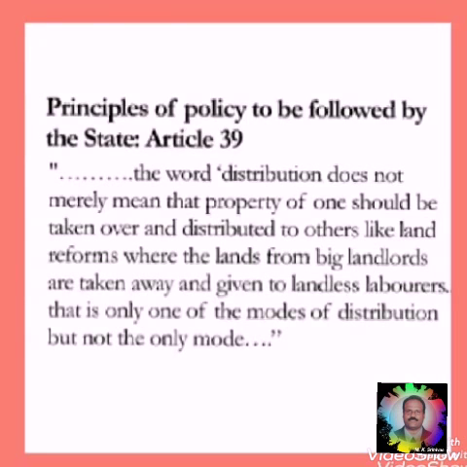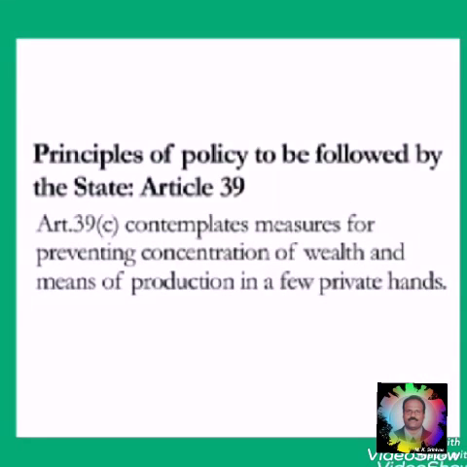That is only one of the modes of distribution, but not the only mode. So this is the judgment given under Article 39. Article 39(c) contemplates measures for preventing concentration of wealth and means of production in few private hands.